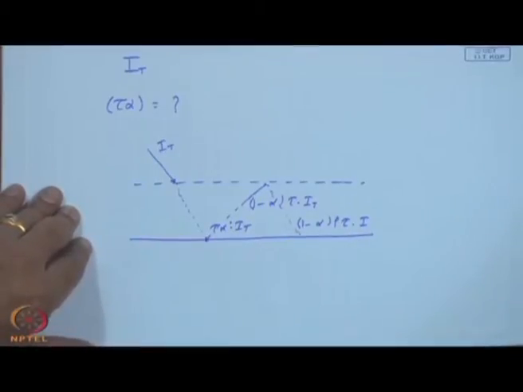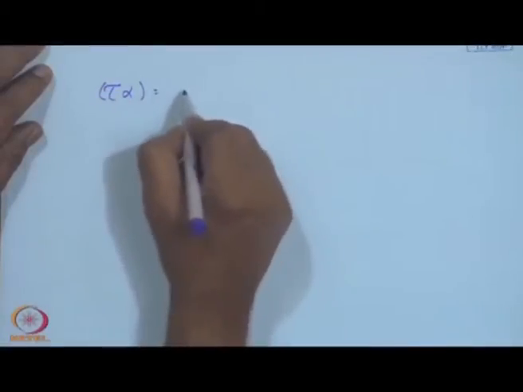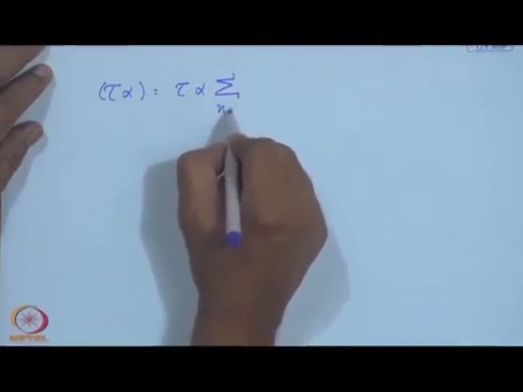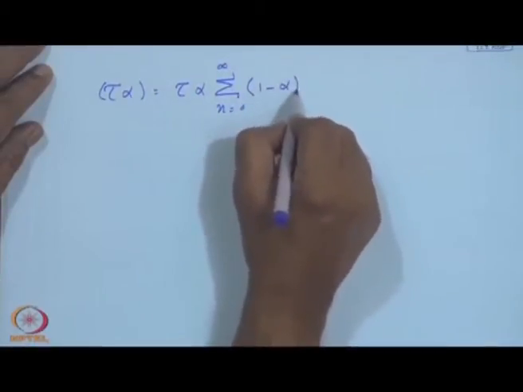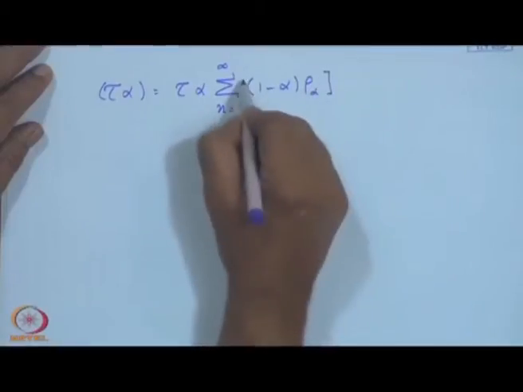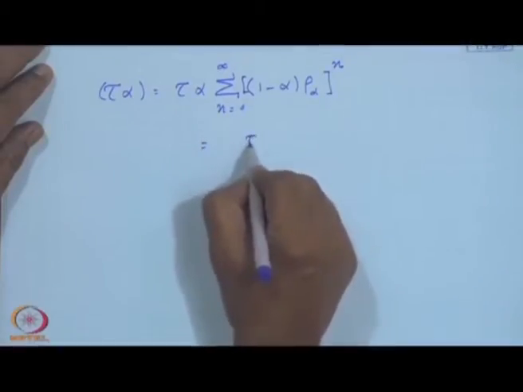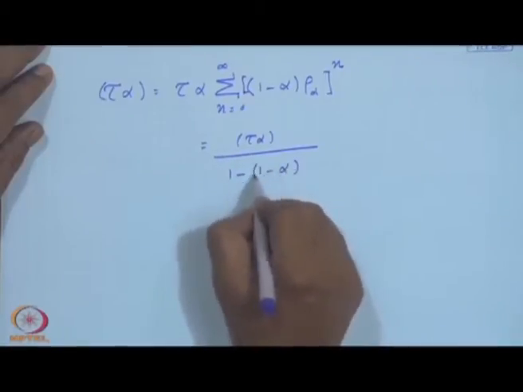and if you sum up the total absorbed energy or the effective transmittance absorptance product, the product tau alpha, this typically summation over infinite number of reflections should be equal to tau alpha by binomial expansion 1 minus alpha times rho.